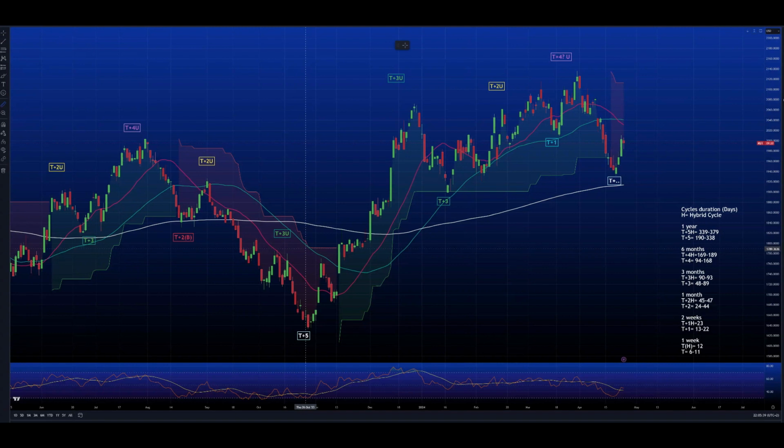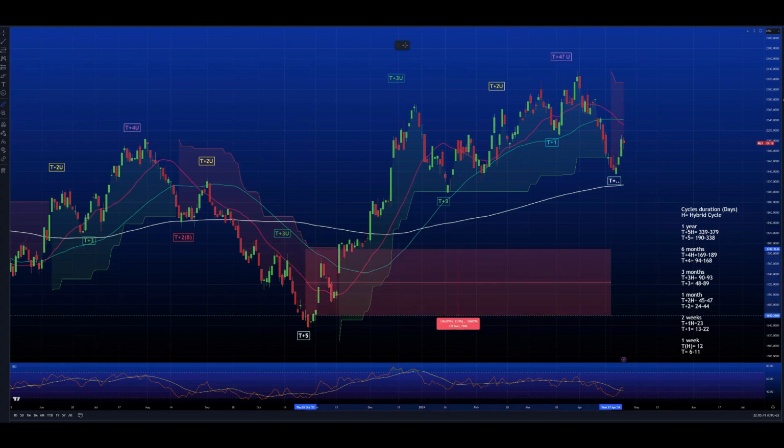From this low, we have reached a total duration of 119 days. 119 days is more than a minimum duration for a T plus 4. Actually, a T plus 4 can last between 94 and 168 days.